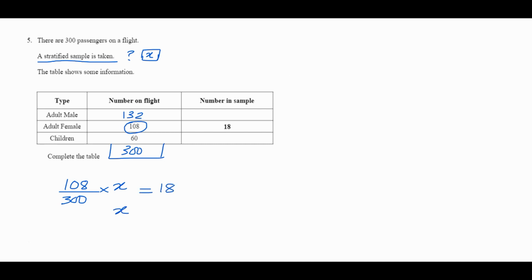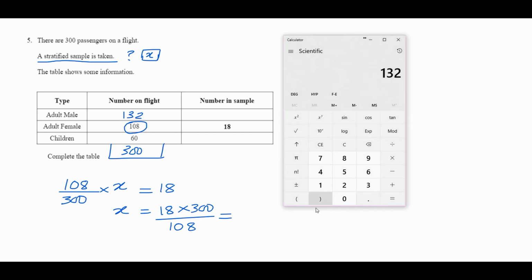So X equals 18 times 300, it's a kind of cross multiplication, and divide by 108. So from there you can find the sample size. So let's do some calculation. 18 times 300 divide by 108. I hope this is going to be a nice number. So right, 50 is the sample size.